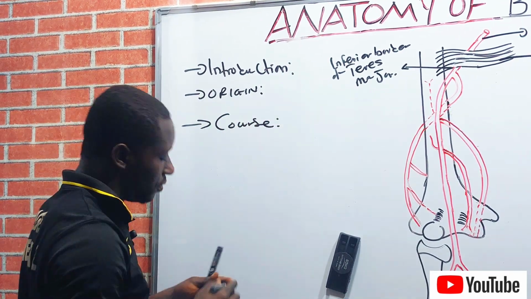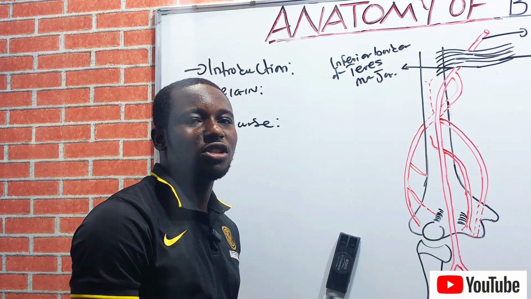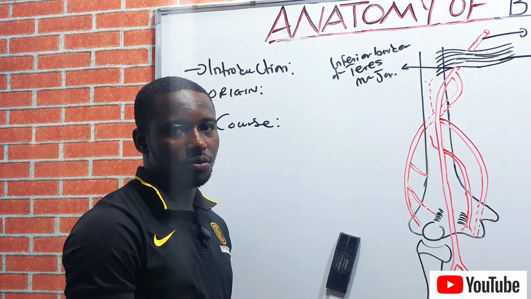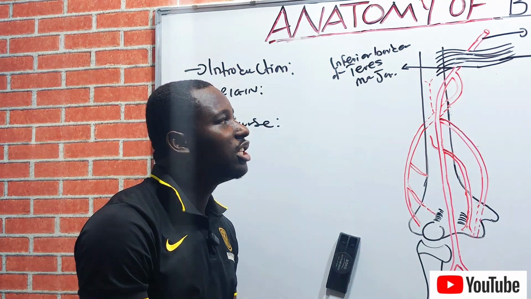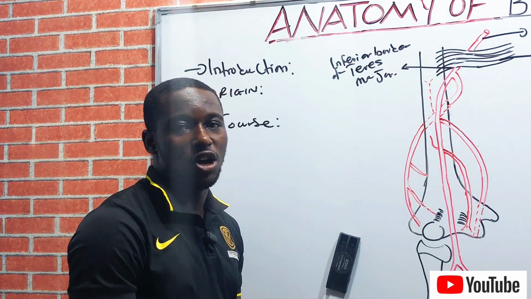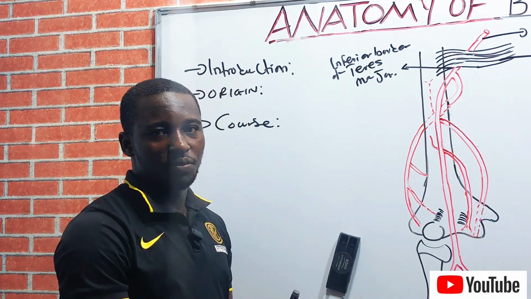The course. How does the brachial artery run? The brachial artery originates from the inferior border, or the lower border, of the teres major muscle.